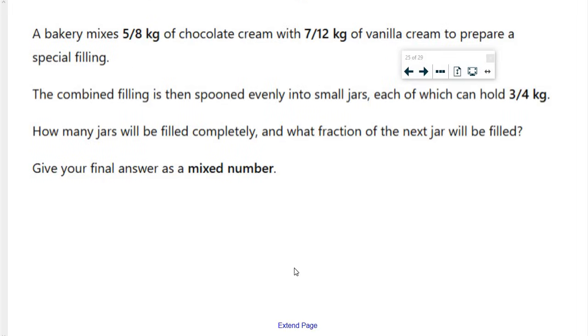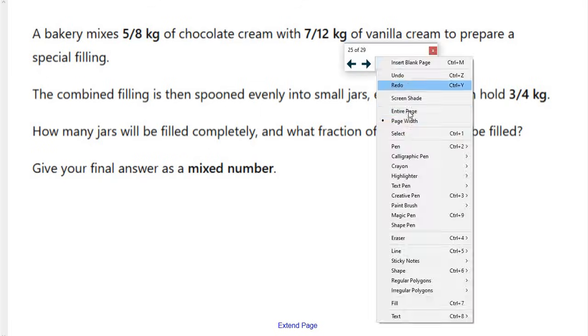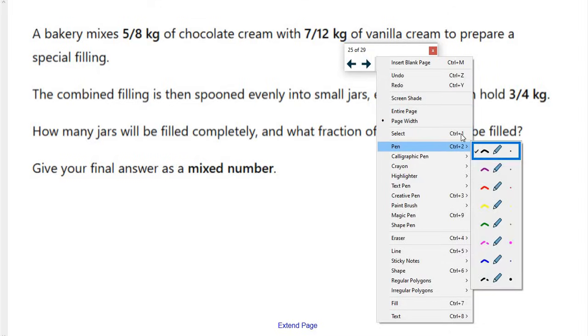The next question. A bakery mixes 5/8 kg of chocolate cream with 7/12 kg of vanilla cream to prepare a special filling. The combined filling is then spooned evenly.